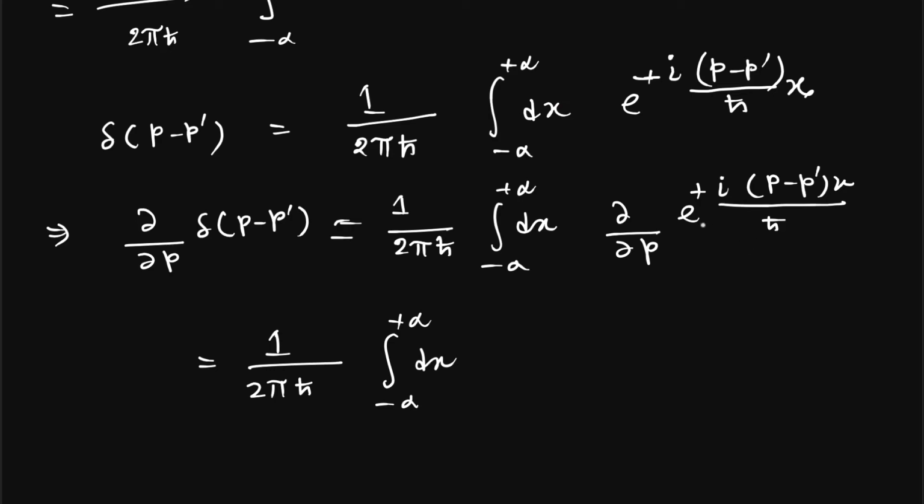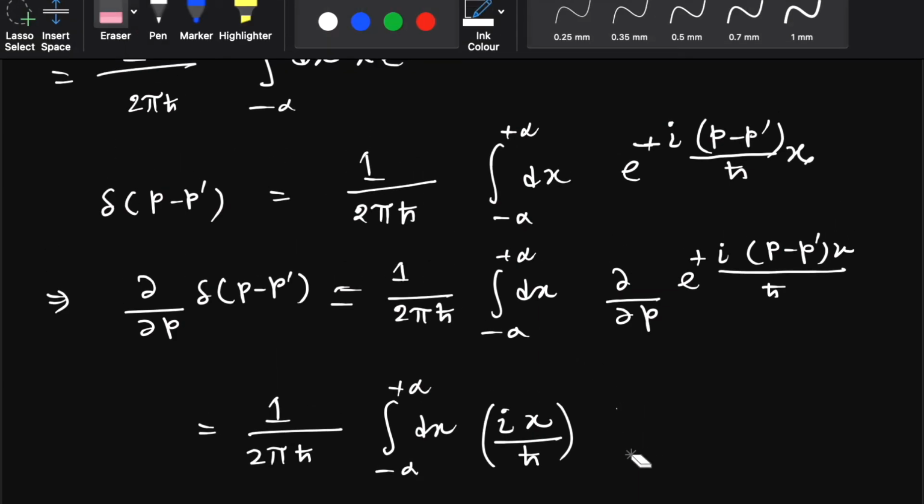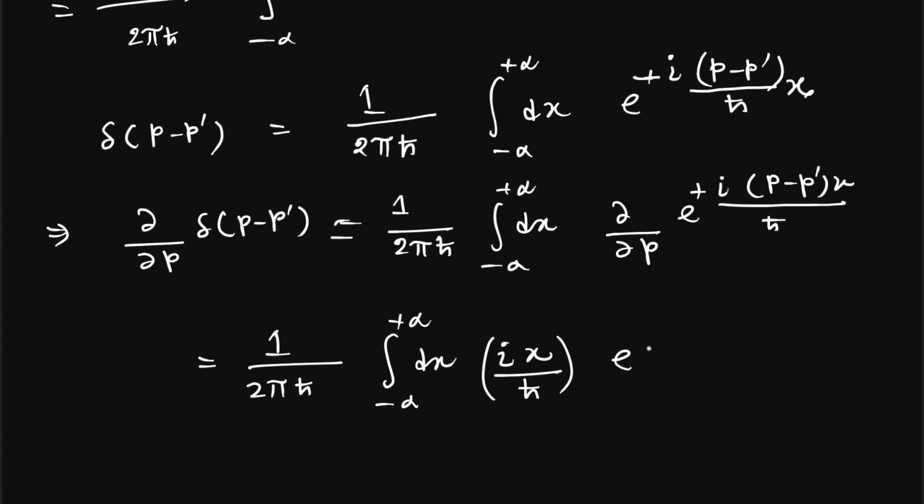When we differentiate it, we will get here minus i x by h cut times e to the power minus i p minus p prime x by h cut.